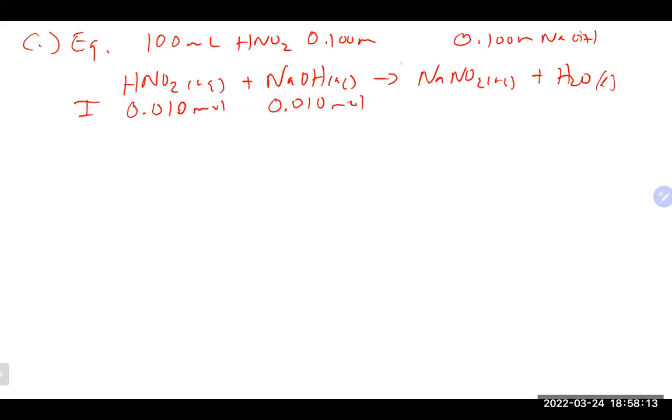And now what you have is the moles and the molarity, and you could rearrange and solve for the volume by simply taking the 0.01 divided by the 0.1, which will give you 0.1 liters, which is 100 milliliters.